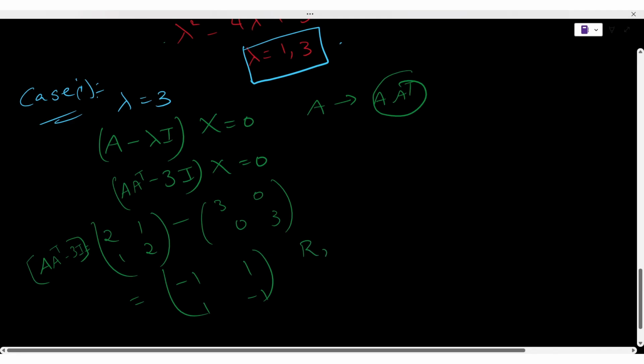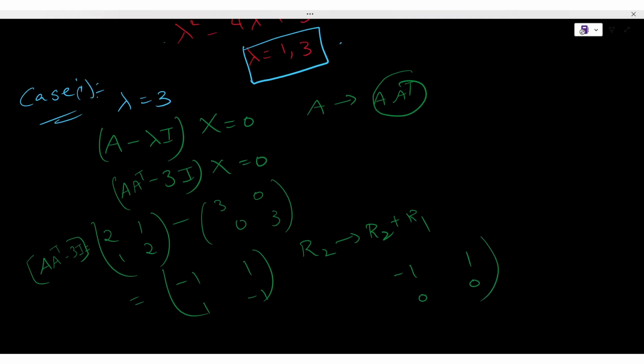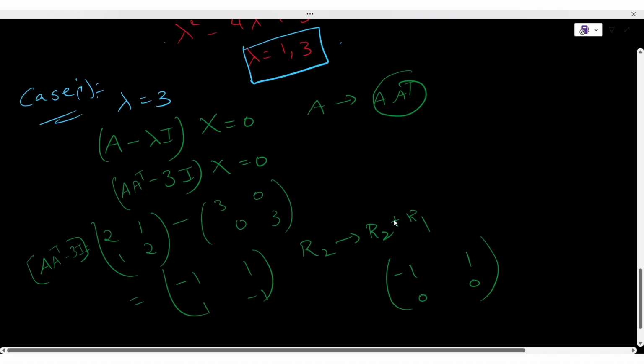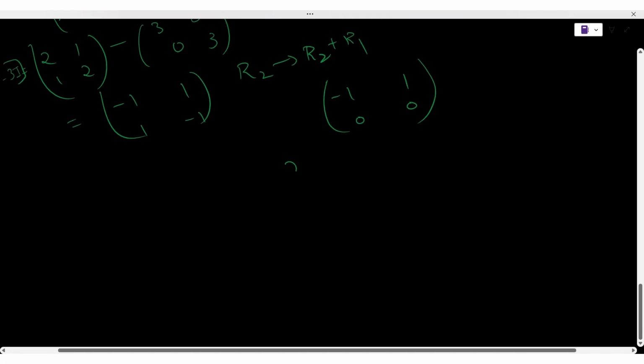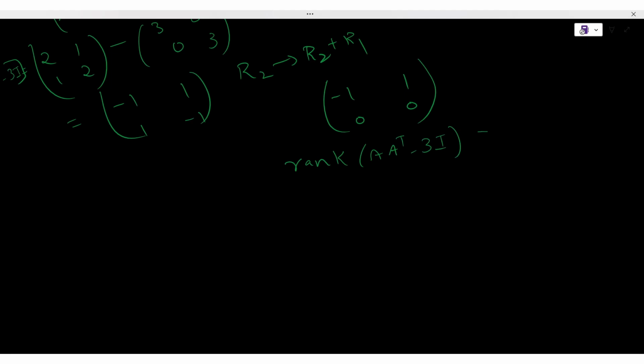So R2 gives you R2 plus R1. If you apply, what will you get? Minus 1 1 1 0 0. So you have rank of A into A transpose minus 3I is 1. So R is equal to 1, N is equal to 2, order of matrix, N minus R arbitrary constants, 2 minus 1, that is 1.